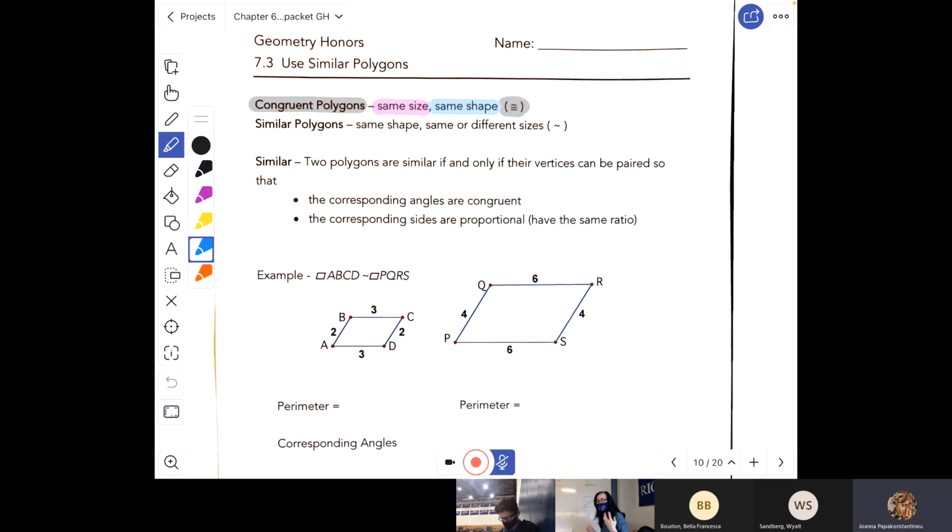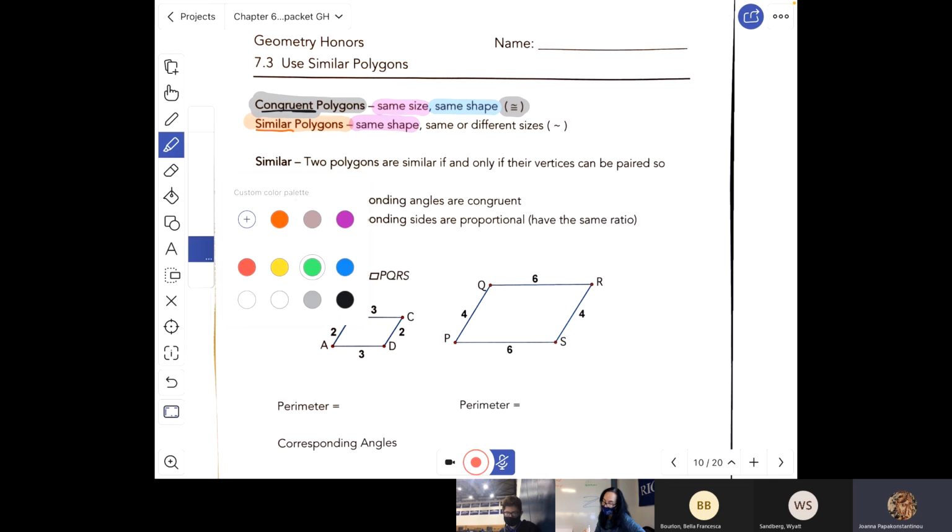So if you have polygons that are the same shape and the same size, then you are talking about congruent polygons. Now, that's in contrast to what is known as similar polygons. So not congruent, but similar. While you may have polygons that are the same shape, they may or may not be the same size.